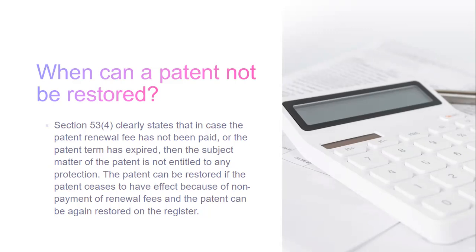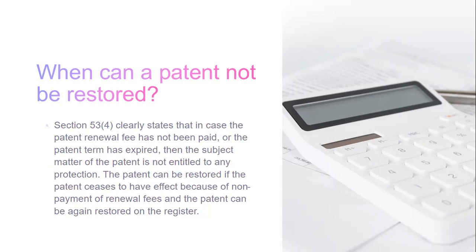If the patent has lapsed, the subject matter of the patent is not entitled to any protection. So during that time, if somebody is infringing my patent, he's not actually infringing it because my patent was not in force. It had lapsed, right? During the time when the renewal fee has not been paid or 20 years have passed from the date of filing, the subject matter of the patent is not entitled to any protection.